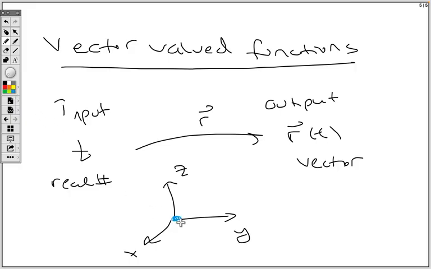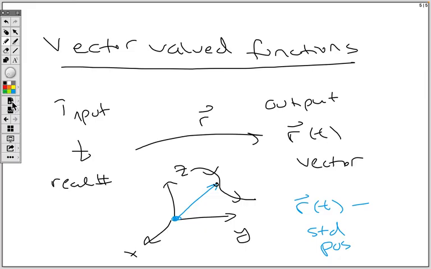So we would plot the vector here in standard position. And then if I looked at the terminal point of that, that would help us trace out curves in either the plane or space. Okay, so inputs were real numbers, outputs were vectors. And throughout all of this, we've got the function condition that each input gives you only one output.